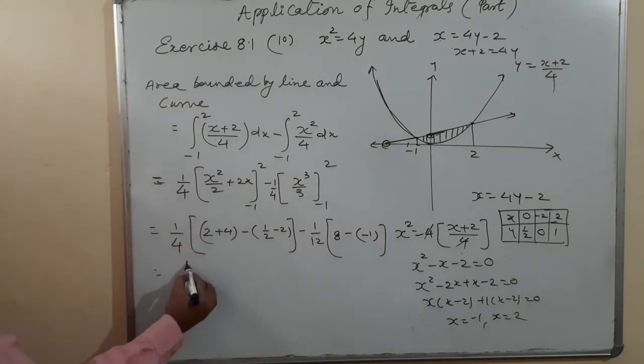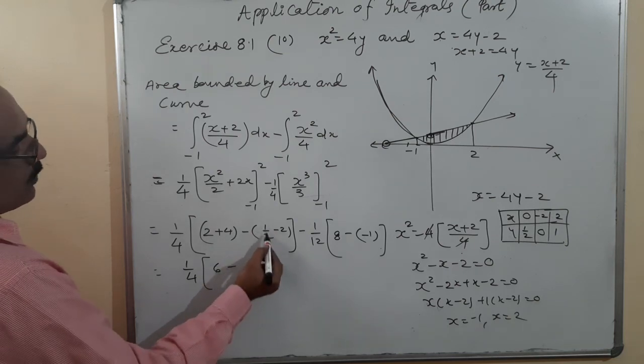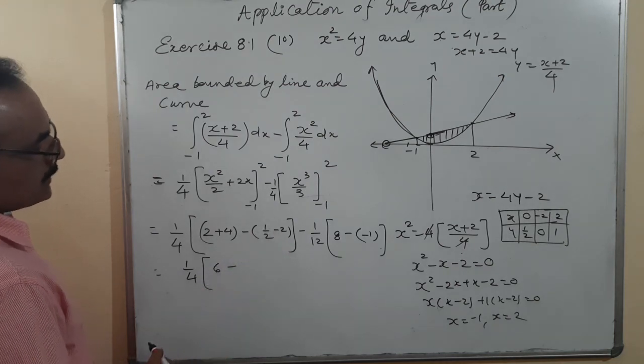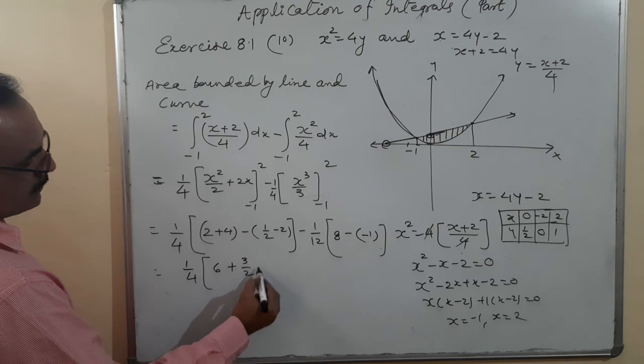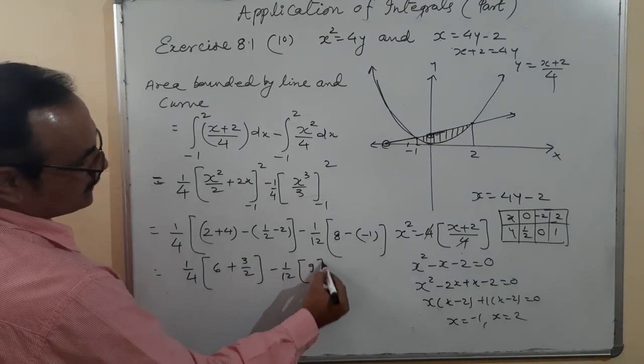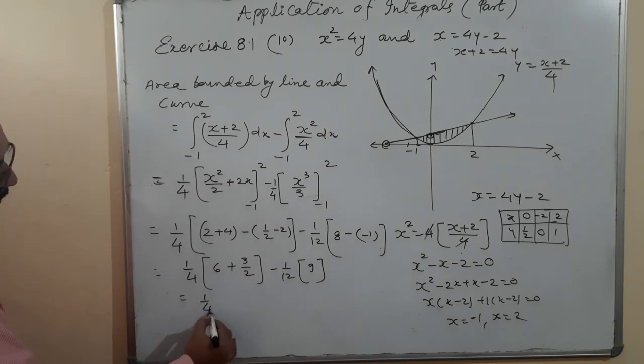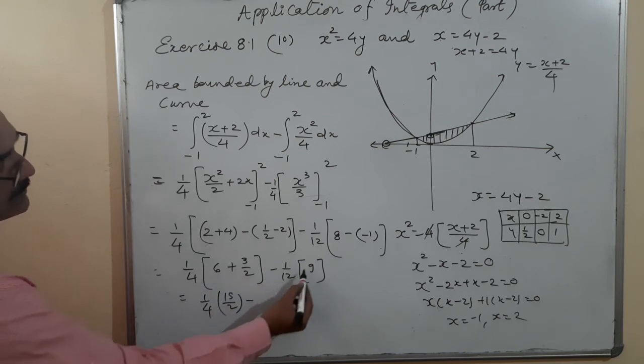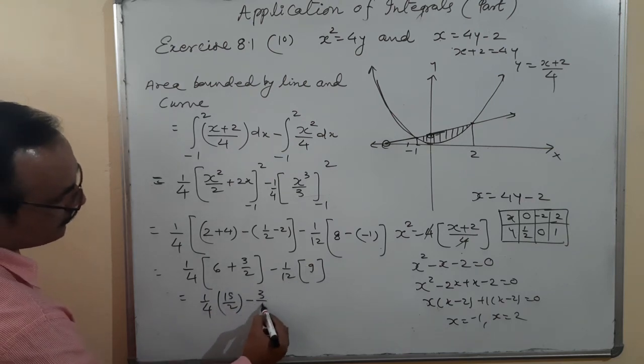1 upon 4, 2 plus 4 is 6, minus 1 upon 2 minus 2, which is minus 3 upon 2, so it is plus 3 upon 2. Minus 1 upon 12, 8 plus 1 is 9. 1 upon 4 times 6 plus 3 upon 2, 15 upon 2, minus 9 upon 12, 3 upon 4.